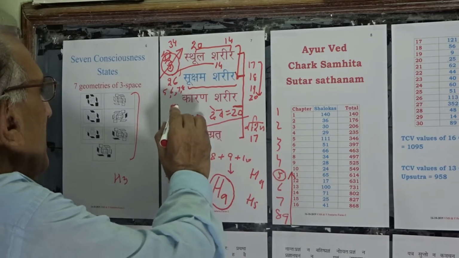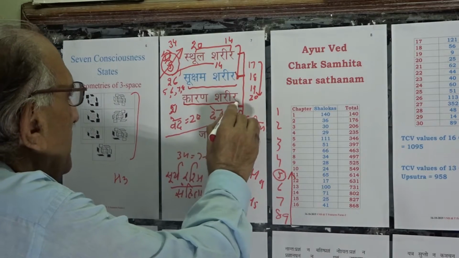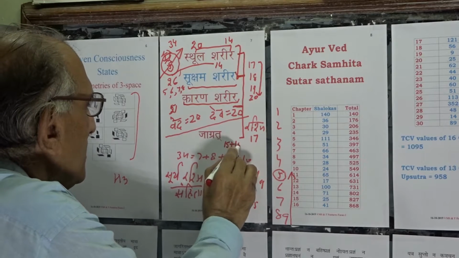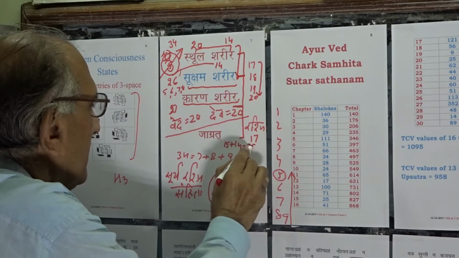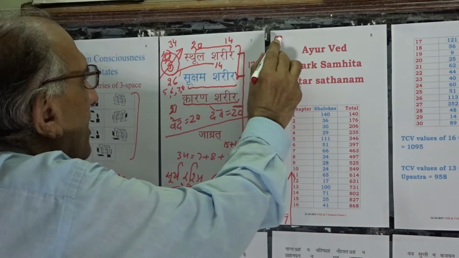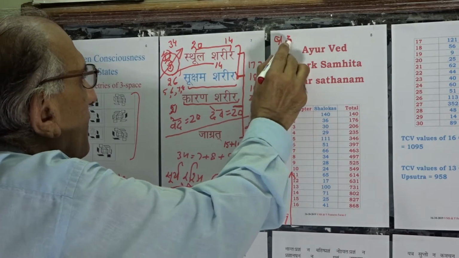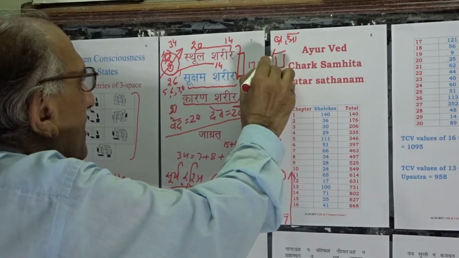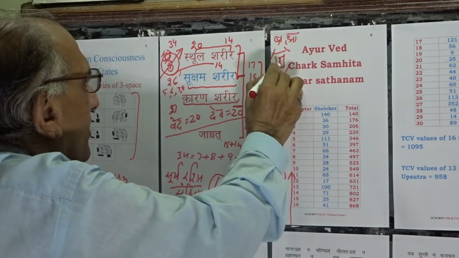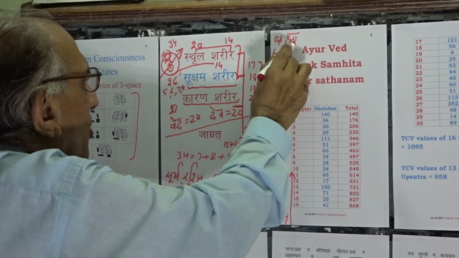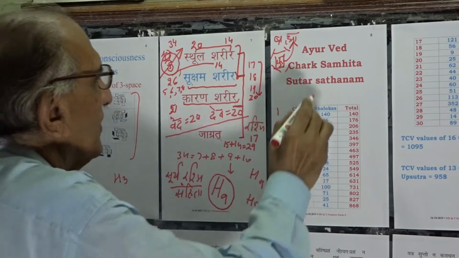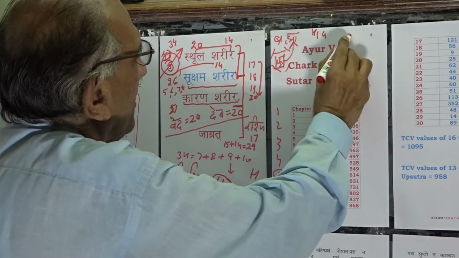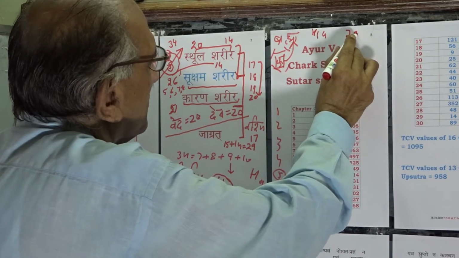A step ahead is a Karan Sharir, and this Karan Sharir is equal to 15 plus 14 is equal to 29, and it is the value of a Brahma, the overlord of a 4 space. Therefore, 4 space with Lord Brahma as the overlord becomes the Karan Sharir. And further we know 14 as hypercube 14 will lead us to 29 versions.